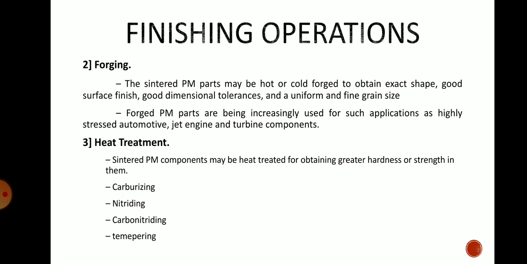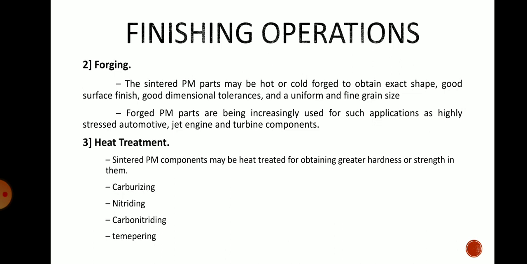Heat treatments. I have already explained the heat treatment process while explaining the powder metallurgy process. This heat treatment is different from the sintering process. In the sintering process we are just heating the component below the recrystallization temperature, and here we require some special purpose heating, that is carburizing, nitriding, carbonitriding, tempering or surface hardening.